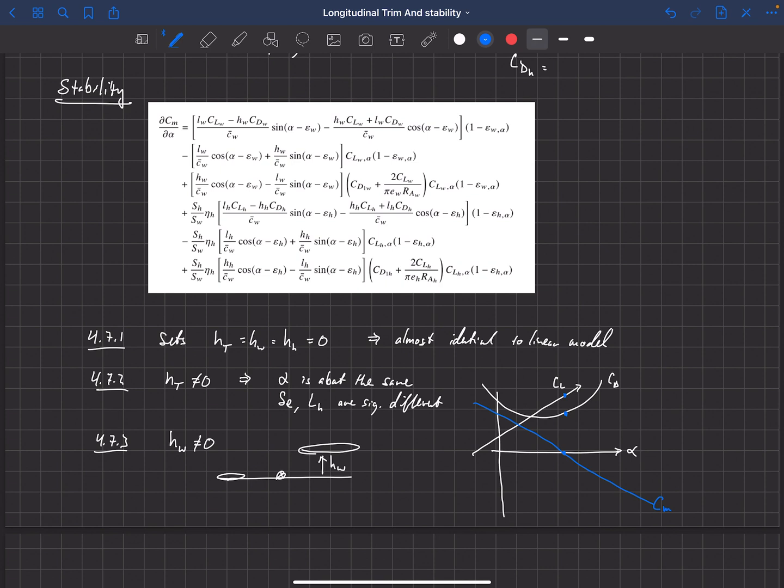But in this case, we get a pitching moment that looks something like this, okay? So this is the true pitching moment, including the non-linearities, and if we didn't have a vertical offset, then we'd get a pitching moment more like what I've drawn in blue here.